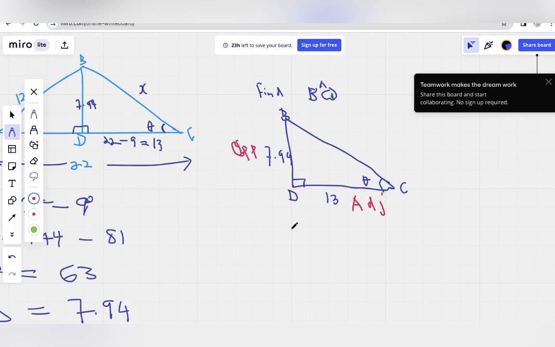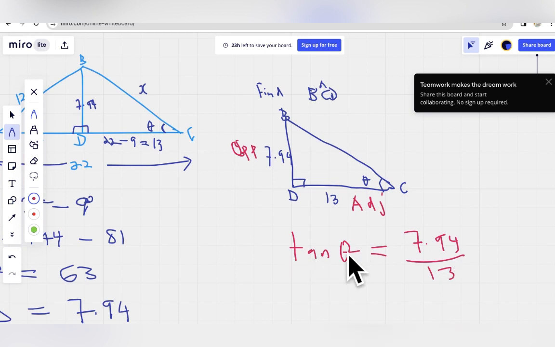So we say tan theta, or tan C, or tan BCD, it's up to you, same thing, is equal to 7.94 over 13.